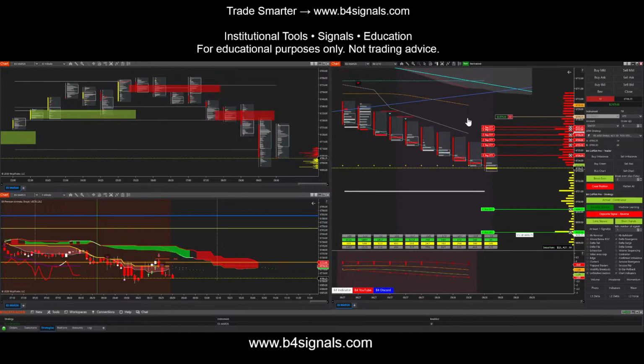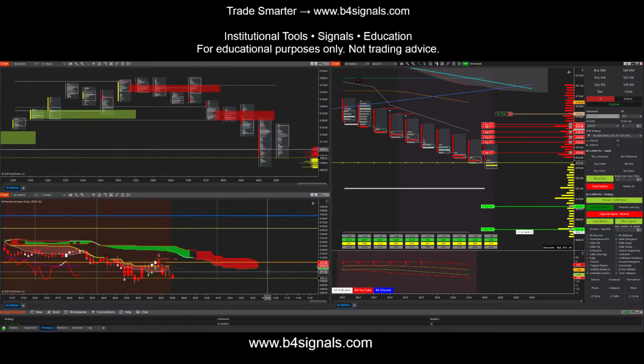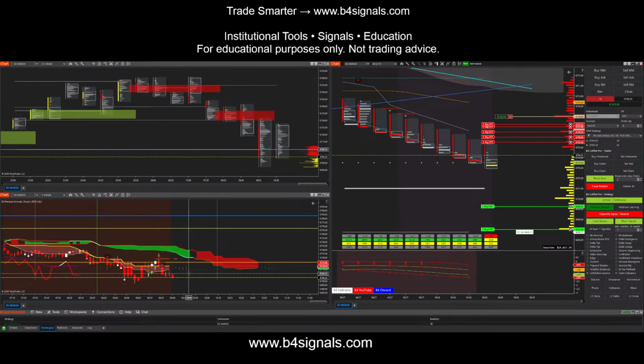Better. So that is going to stay bearish there. I don't think that TK Cross is going to happen.